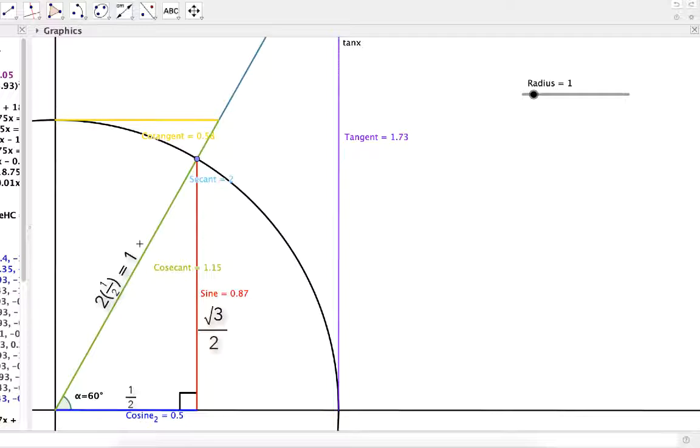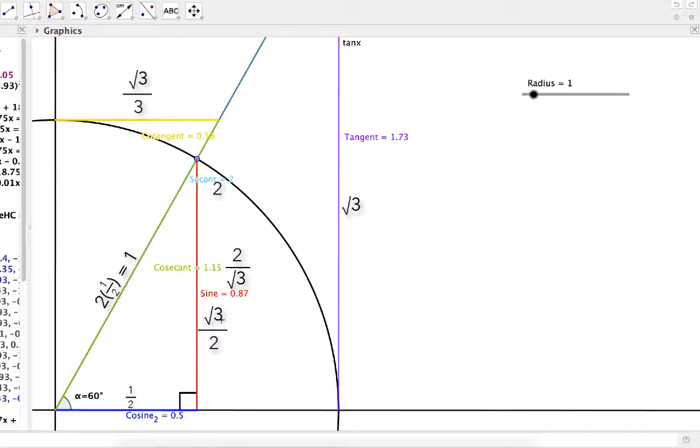So if we use our 1/2 idea here, this length here is going to be square root of 3 times our scaling factor of 1/2, and our cosine is going to be our scaling factor as it is. And if we know our scaling factor is 1/2, we can just translate that to the other lengths, such as tangent is going to be square root of 3, cosecant is going to be 2 over square root of 3, secant is going to be 2, cotangent is going to be square root of 3 over 3.